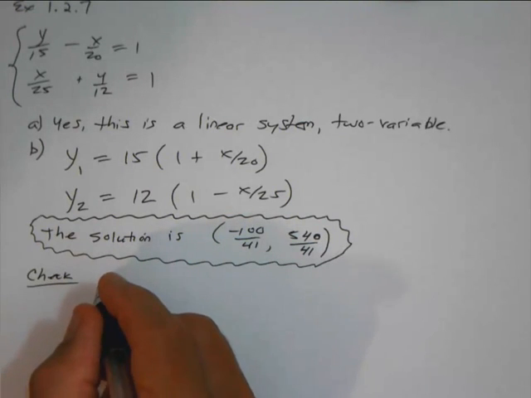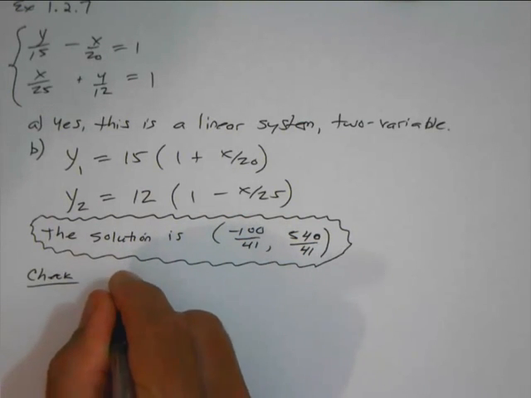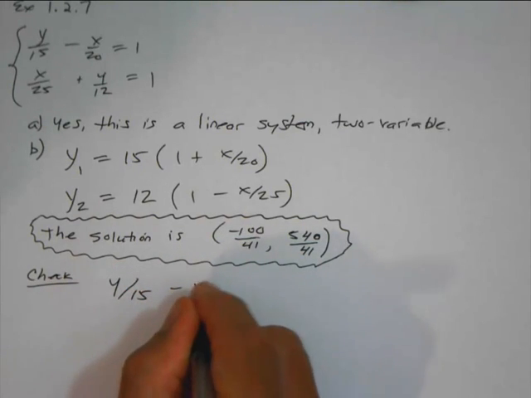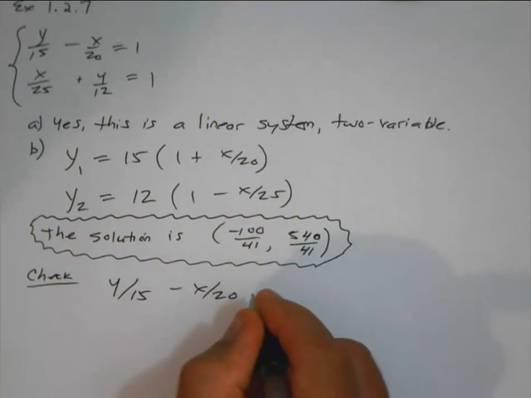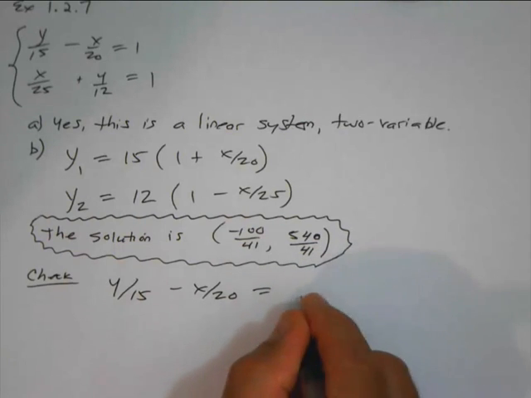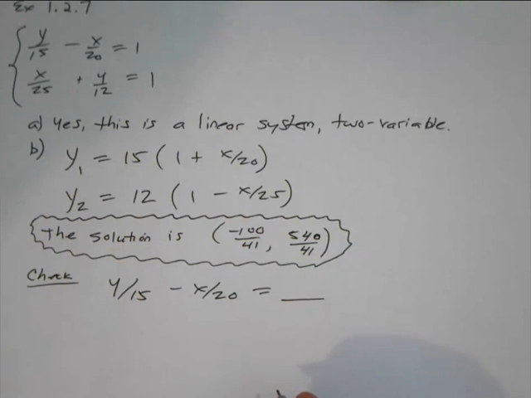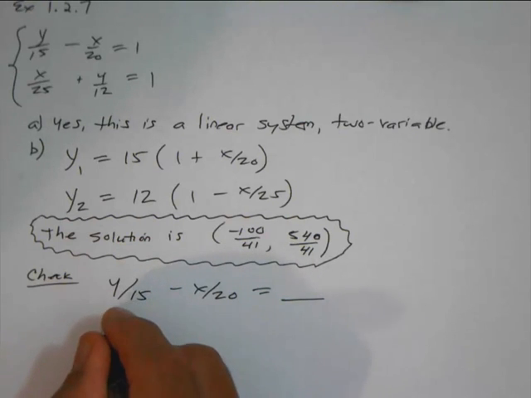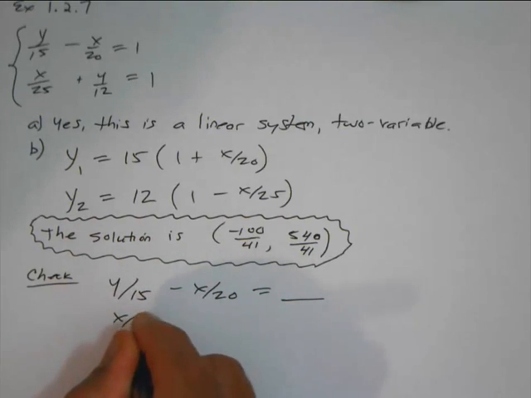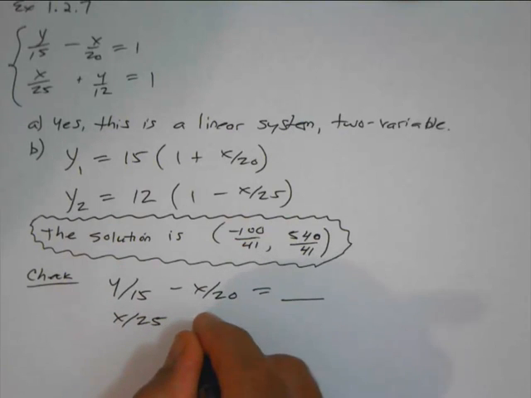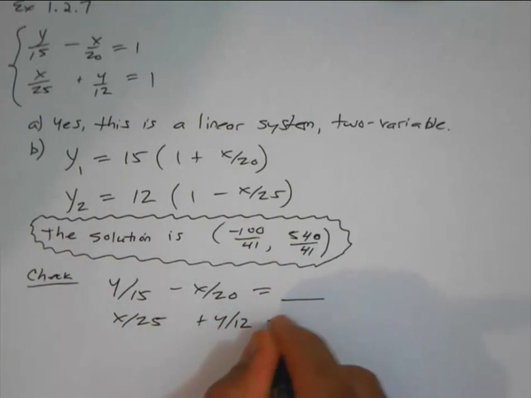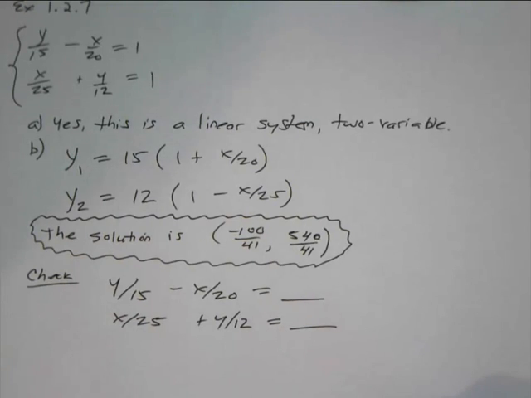So let's take the left-hand side of the first equation, y over 15 minus x over 20, and see what the calculator comes up with when it computes that. As far as the second equation goes, its left-hand side is x over 25 plus y divided by 12. Well, let's see what the calculator arrives at for that.